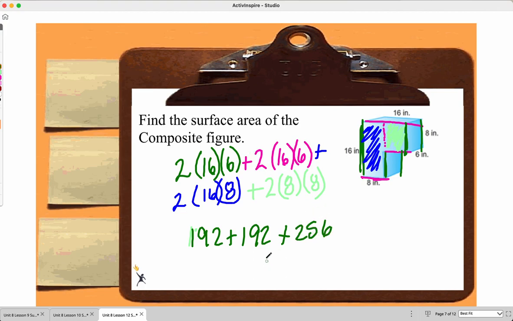It's my dark blue. And then 64 times 2 is 128. I can happen to do that in my head. So I'm going to come through and add all these up. 192 plus 192 plus 256 plus 128. Together, that's 768 inches squared, or square inches.